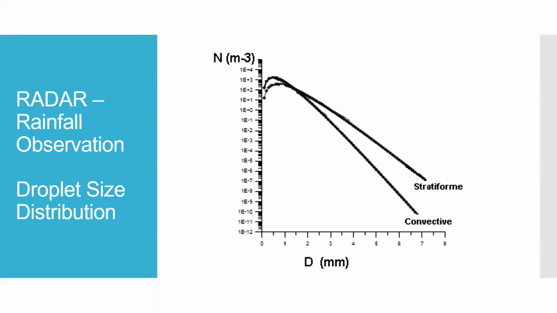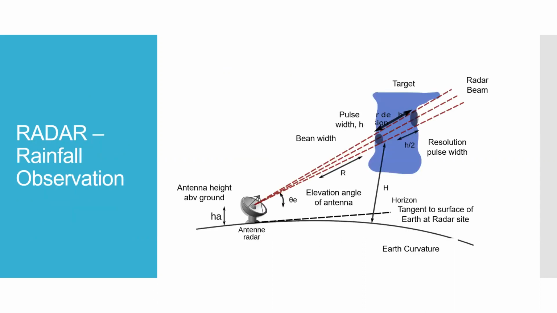We can use this information about different kinds of storms and the size of droplets to then understand the volume of water, or depth of water, in a particular storm. Obviously, I'm not going to be able to explain that super well, but it works, and it's not perfect, but we can get pretty good estimates of the water content and rainfall coming down out of clouds. And then we can, of course, calibrate that to ground-based observations over time.